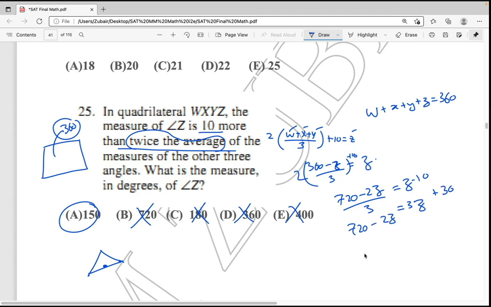So 720 minus 30 is 690 is equal to 5z. I don't get 690, sir. Sir, it's 3z minus 30 on the right side, not plus 30, because it's z minus 10, so if you multiply both sides by 3. Thank you. So 750 equals 5z, z equals 150.